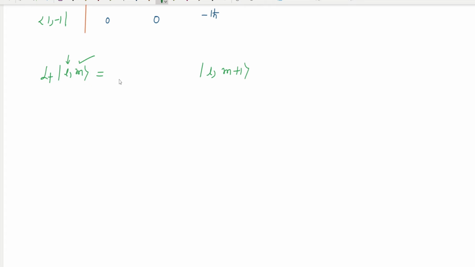So then what are the eigenvalues here? Root of L minus m into L plus m plus 1.